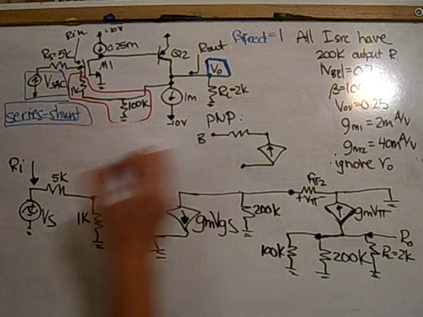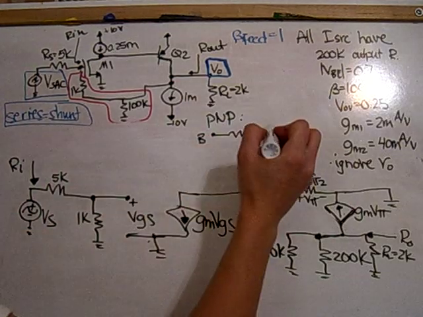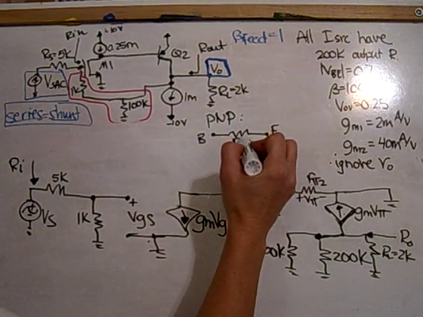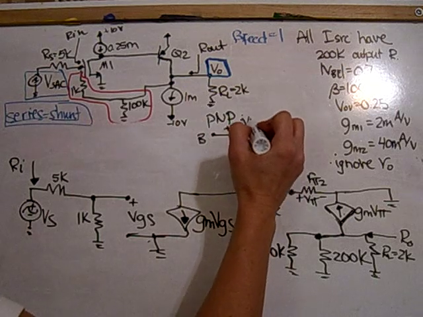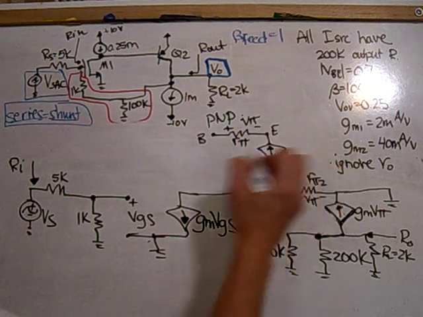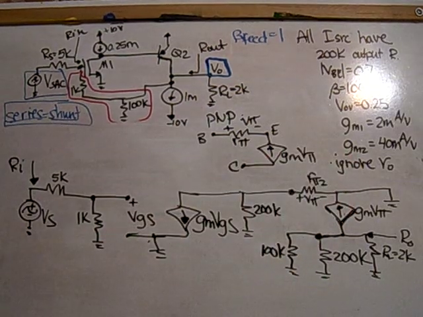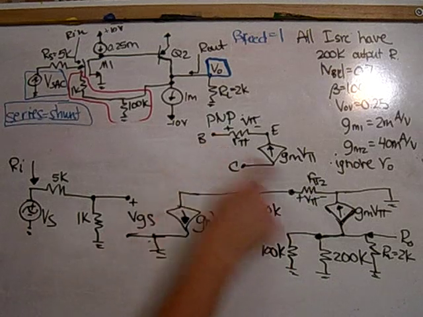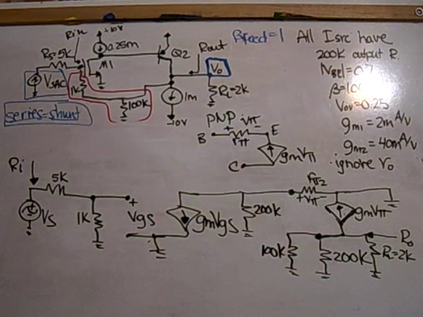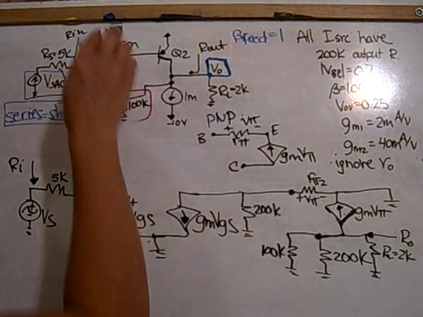So this is my base, this is my emitter, and then this goes from collector to emitter GM Vpi. So using that, I placed that same one here so that it was easier to analyze this circuit.